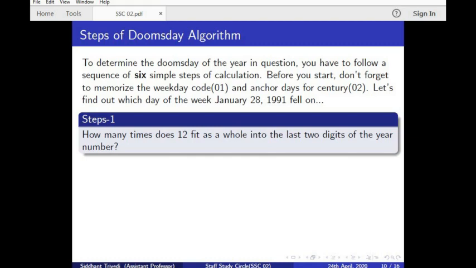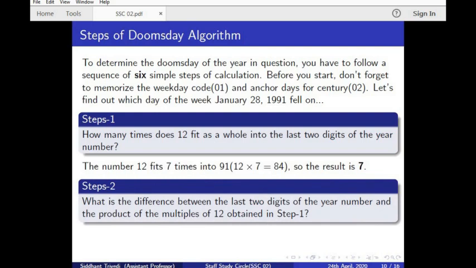Here, the year number is 1991. So the last two digits are 91 and 12 fits 7 times in 91. So the result is 7.